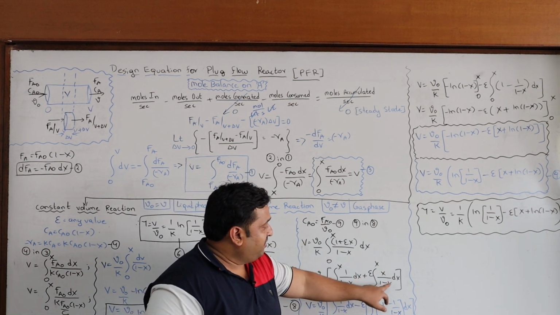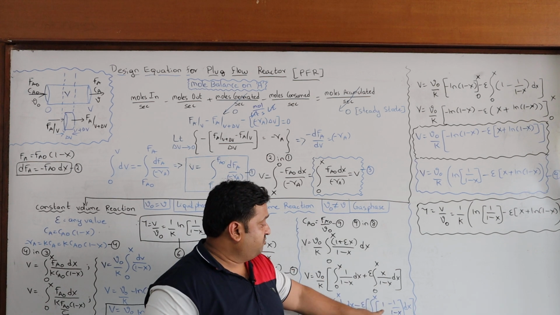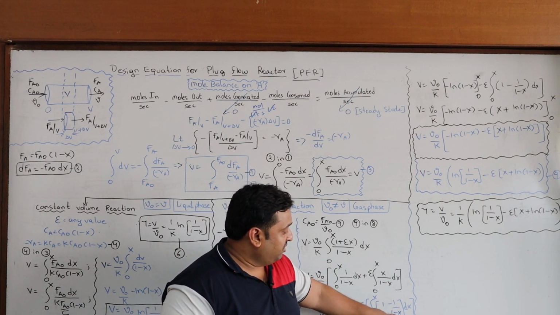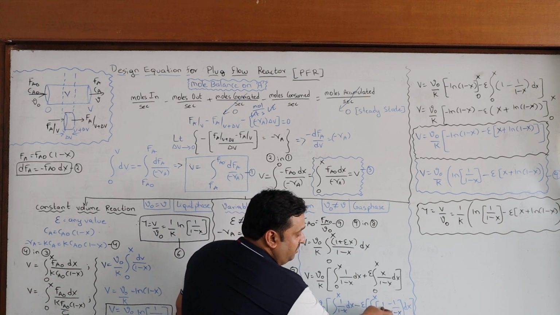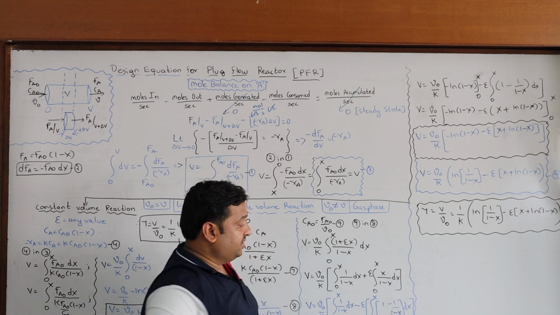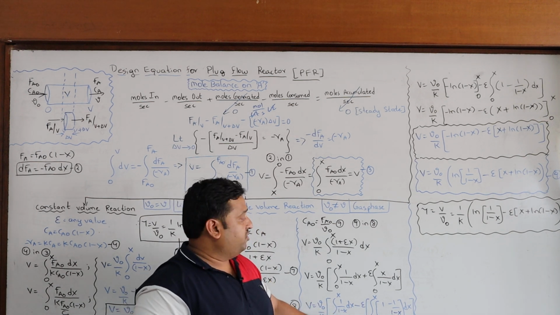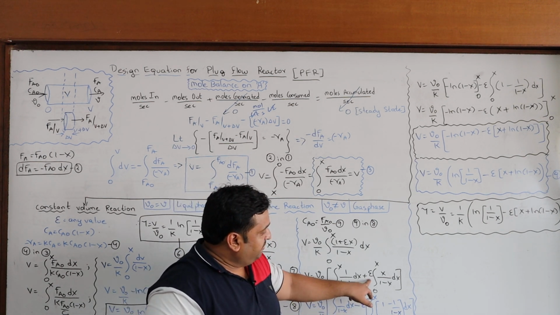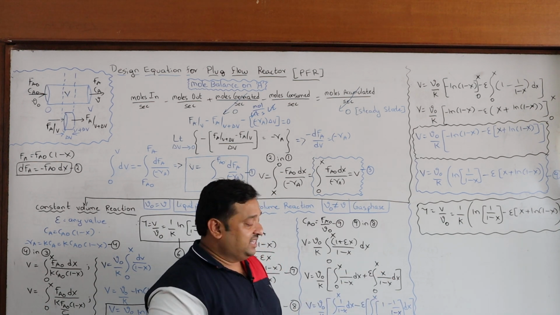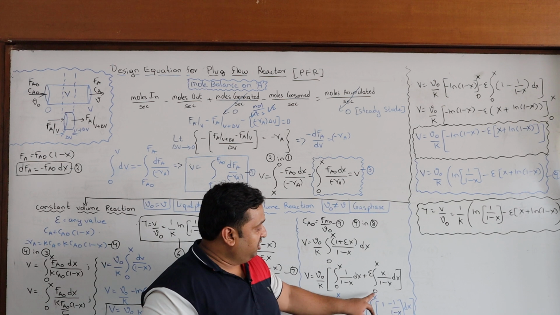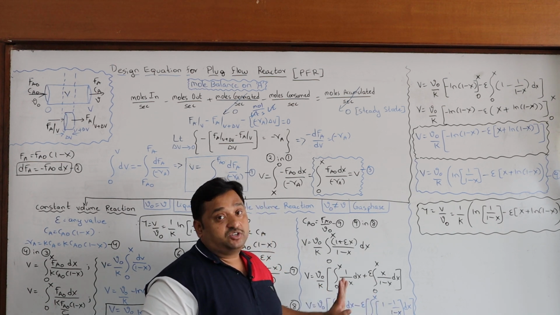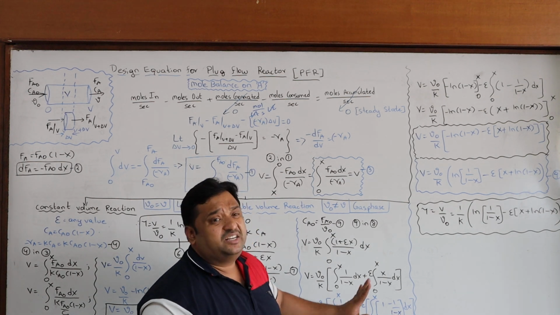Now, x by (1 minus x) you can write in this form, minus 1 plus 1 by (1 minus x). If you do that, you get this term with a negative symbol, do not worry about it. Epsilon integral 0 to x of x by (1 minus x) dx is nothing but minus epsilon integral 0 to x of 1 minus 1 by (1 minus x). If you do this, you get this expression. I have done the partial fractions.